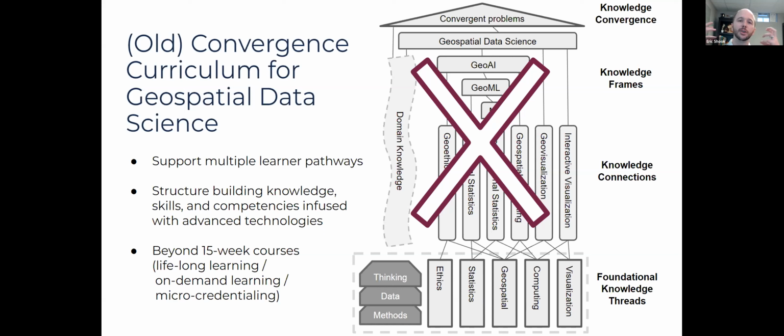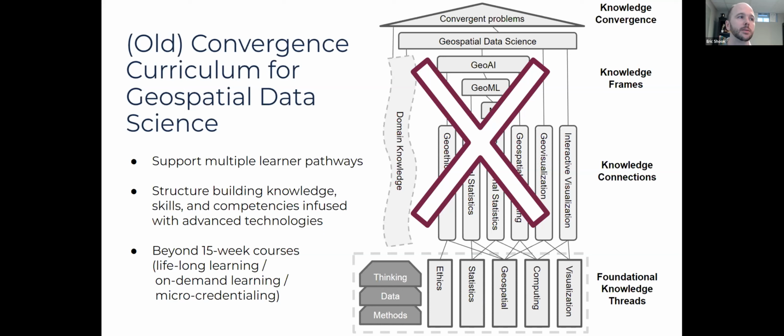Now, GI scientists may not feel like this is a foreign concept, because we all grew up academically, in our education and training, using GIS as a tool to enable our thinking and help us solve problems. So this comes quite intuitively to us, but it's not necessarily true of all sciences. So when we're supporting multiple learner pathways, we have to be explicit about this as we design all these pedagogical materials.